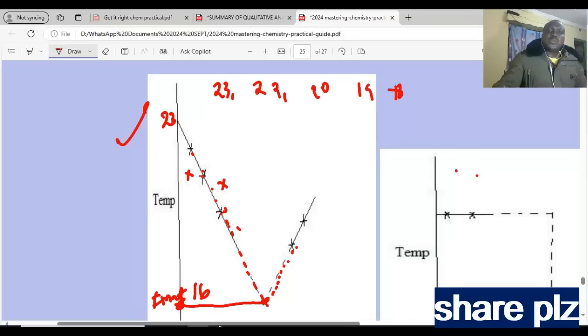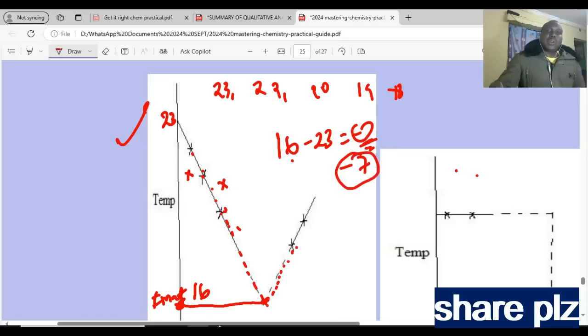So when you do final 16 minus 23, the answer is negative. We do not have negative temperature when you are doing the difference. Yes, -4 is a negative temperature, but you don't write that in this one. If you are given that the change in temperature is -7, no, we don't expect that. What we expect is that this information is telling you that the reaction is endothermic.